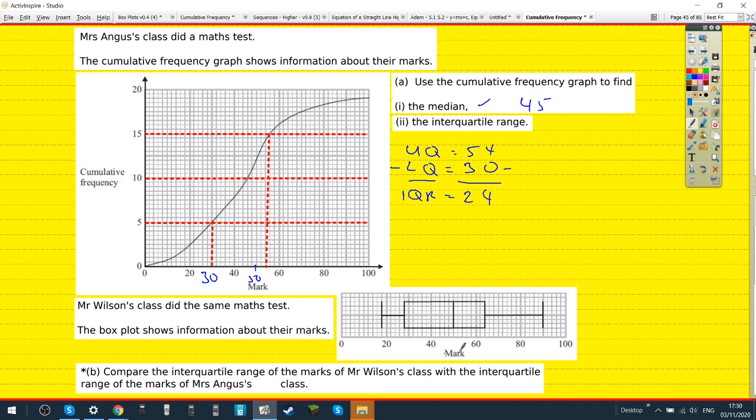Okay, you have to compare the interquartile range of the marks of Mr. Wilson's class with the interquartile range of Mr. Wait, so we have to find interquartile for Mr. Wilson? Yep. As well as the median.